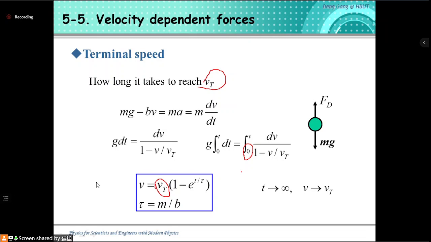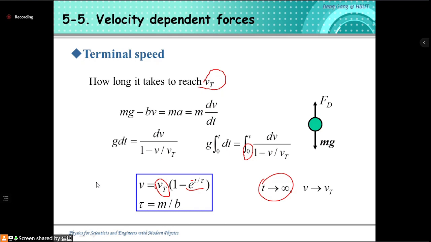But remember, there should be a minus sign here. This says t will approach infinity so that v can approach Vt.